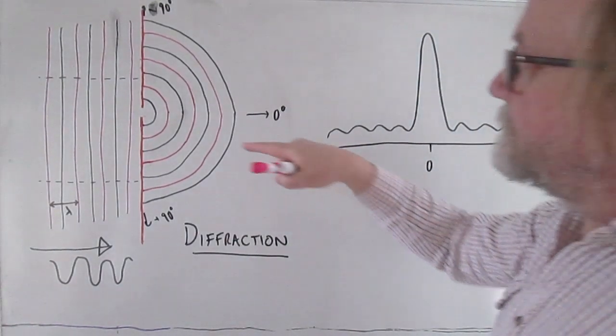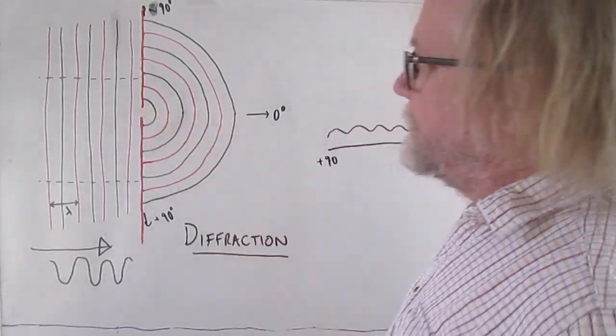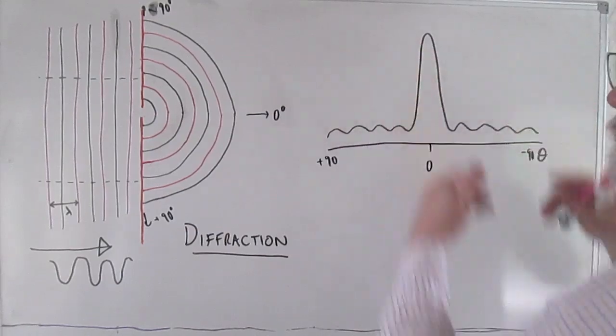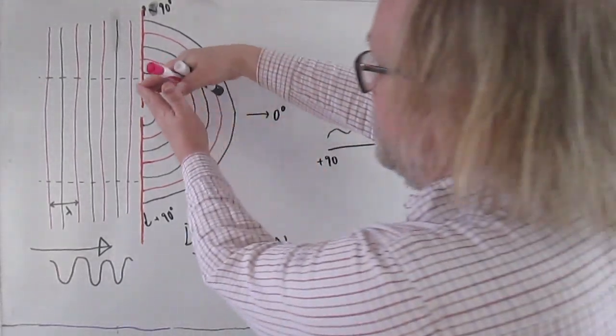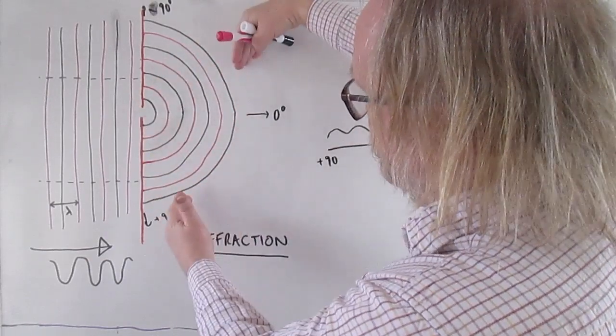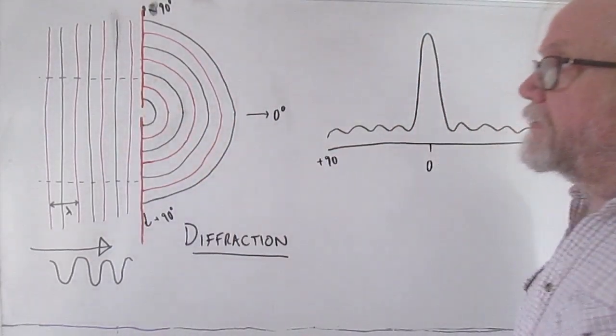Because the narrower that slit is relative to the wavelength of the light, the wider that peak will be. In other words, the more the light will effectively be diffracted over a range, the narrower that slit is.